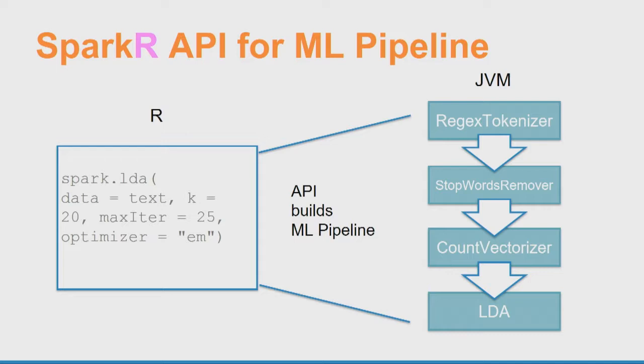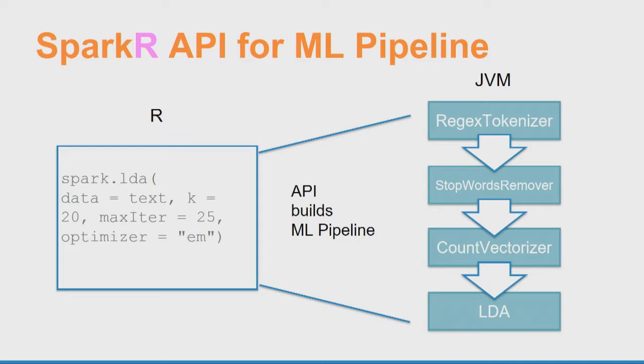For instance, say you want to do topic modeling on text that you have. You may have an LDA method which takes the plain text, and then you want to build a model out of it. The API you see on the left-hand side here is the SparkR API for LDA. There's a text parameter, a K for the number of topics you want to get, the number of iterations, and so on and so forth.